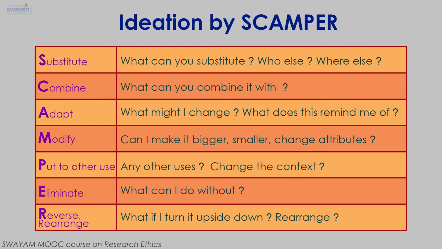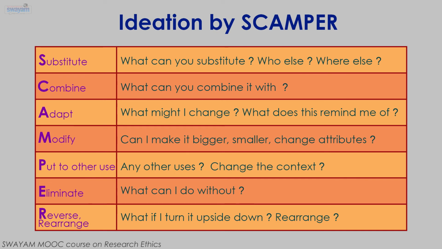What can you combine it with? Adapt. What might I change? What does this remind me of? Modify. Can I make it bigger, smaller, change attributes? Put to another use. Any other uses? Can we change the context? Eliminate. What can I do without? Reverse or rearrange. What if I turn it upside down?